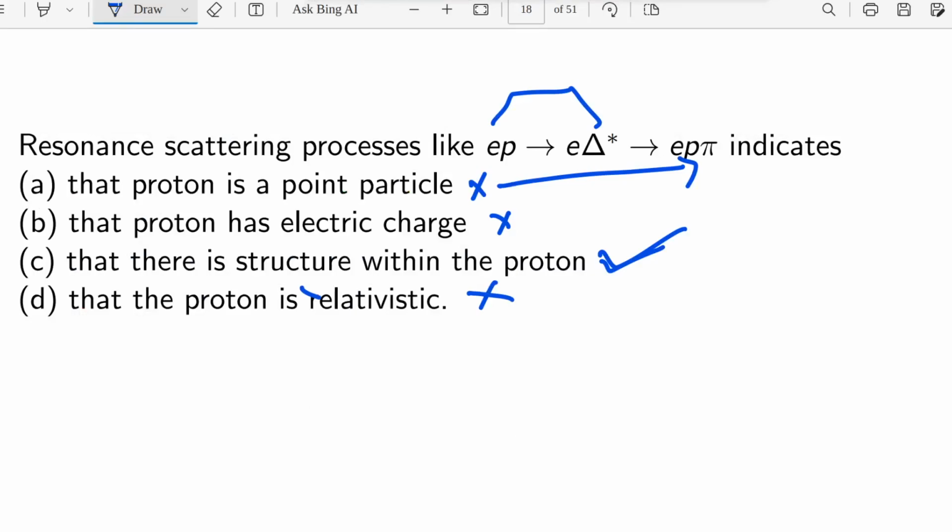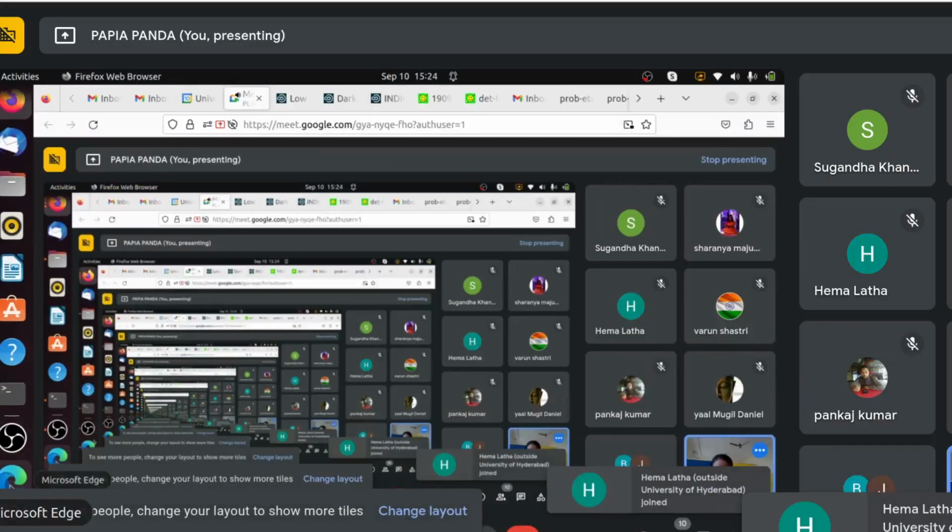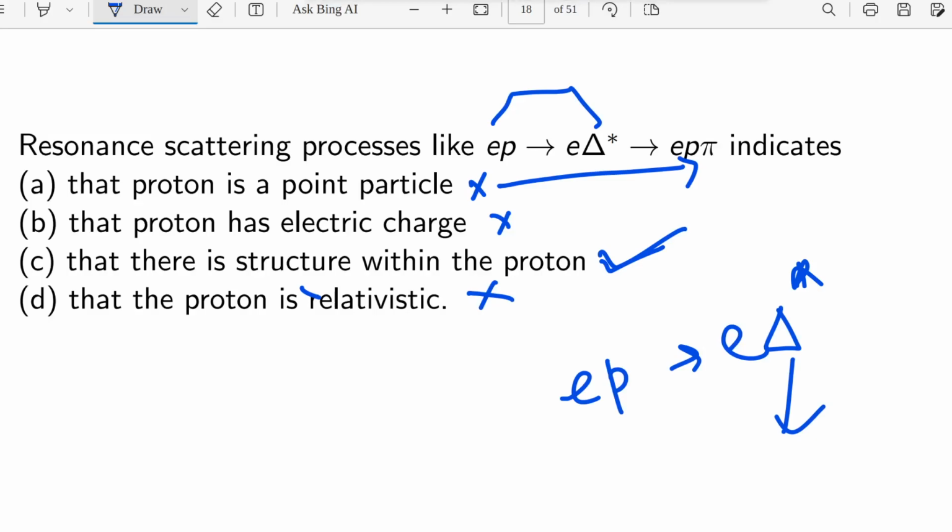So only in this condition e p can go to e delta star, and again the delta star, as a delta star is a resonant particle and it is unstable in nature, this delta star can go to P and pi in the next decay mode.